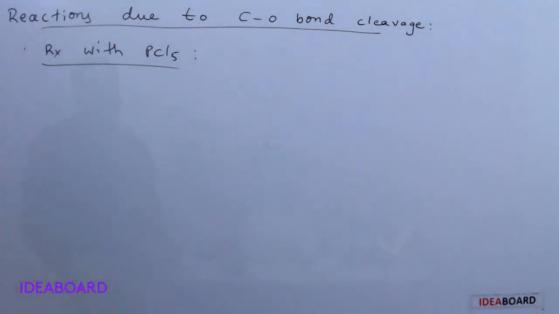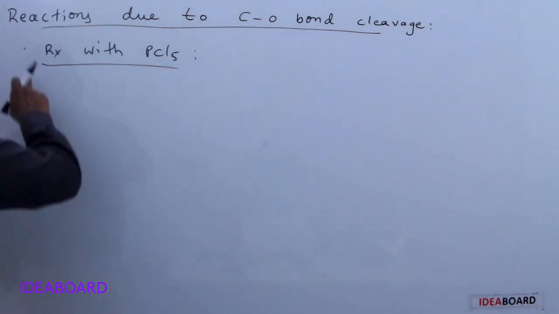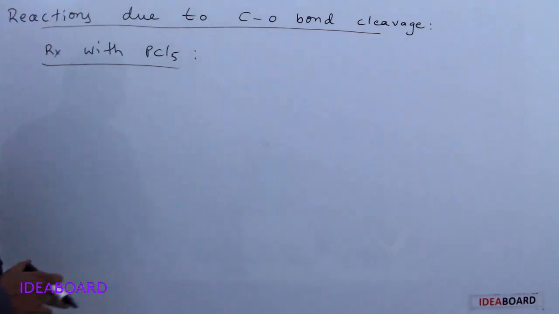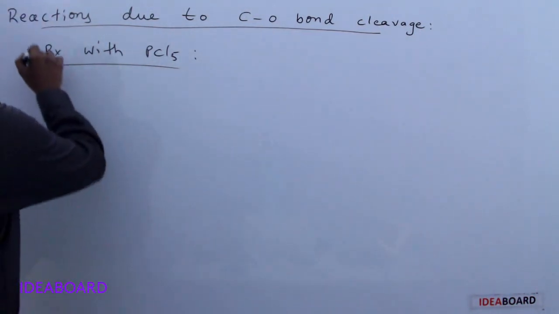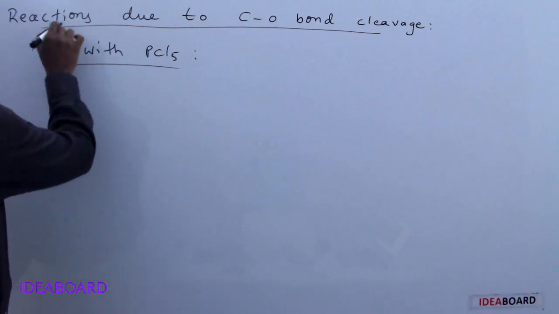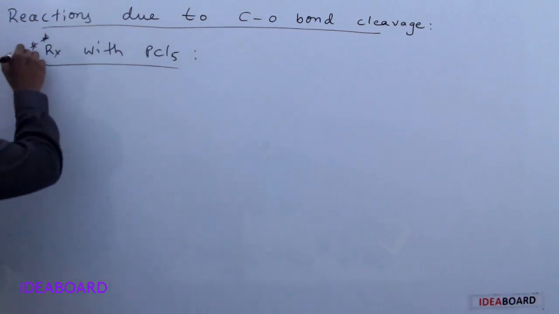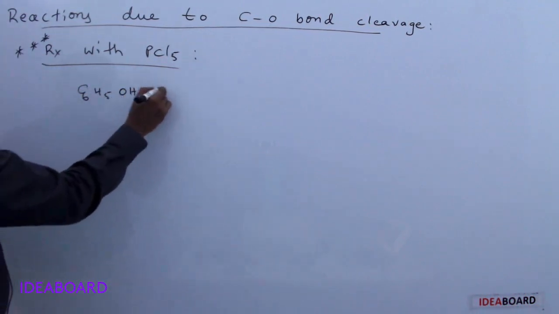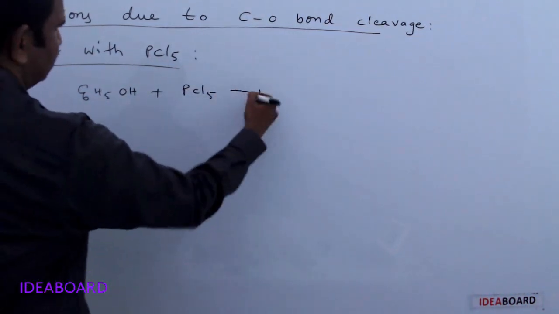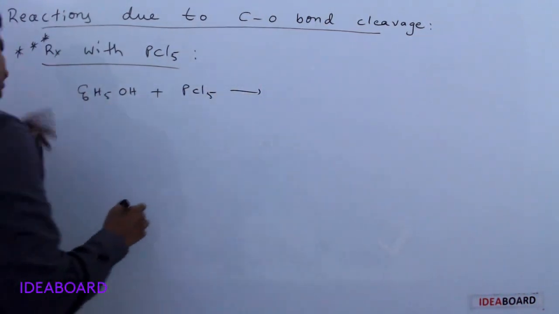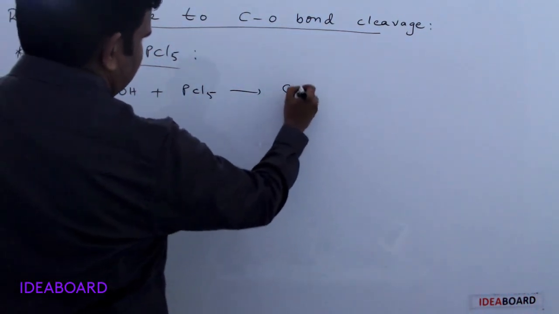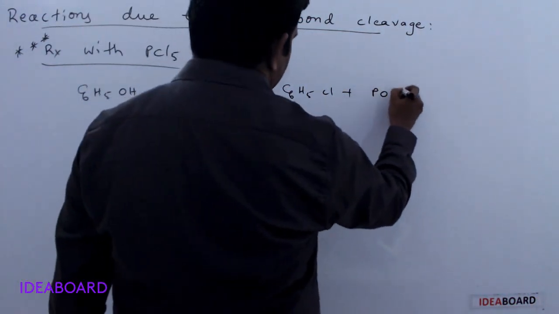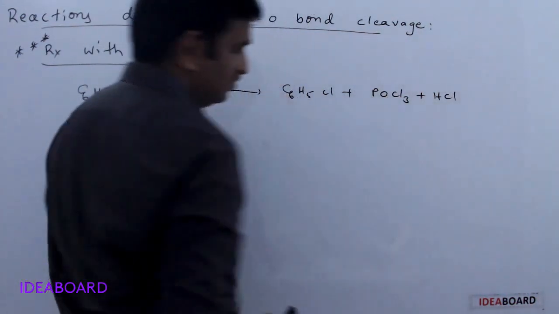The next one is the reaction with PCl5. What is the major product of this reaction? This is an important reaction. Generally, we would think that phenol, C6H5OH, reacts with PCl5 like alcohols to give C6H5Cl plus POCl3 plus HCl.